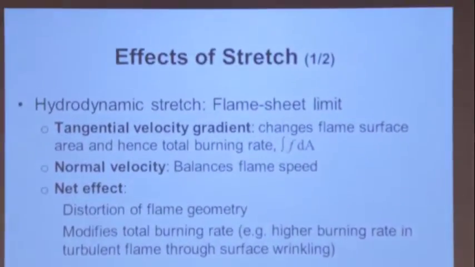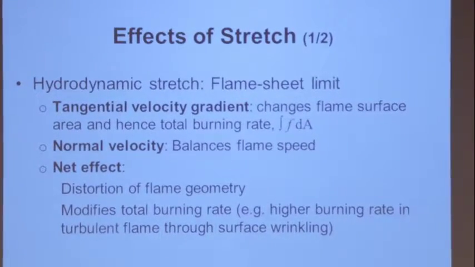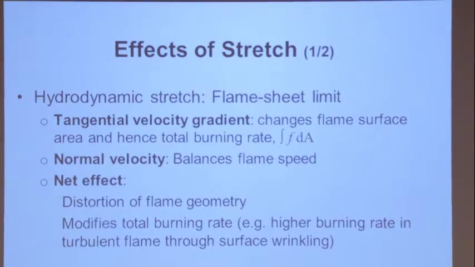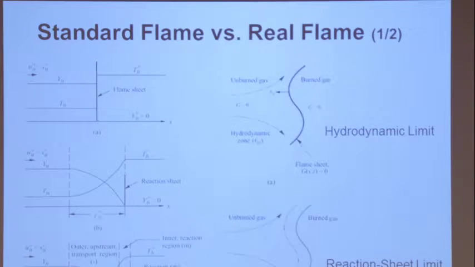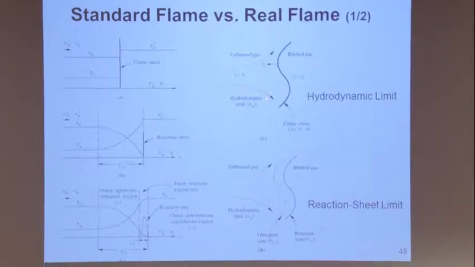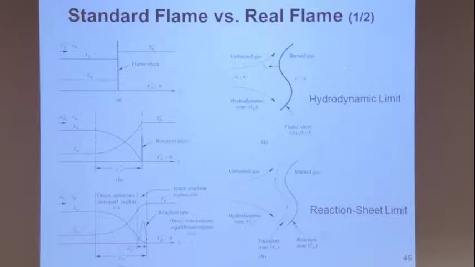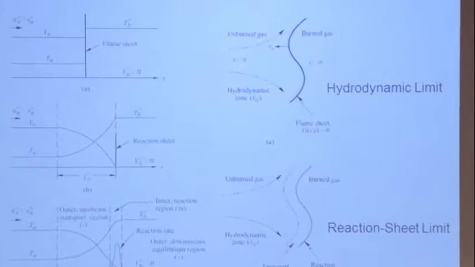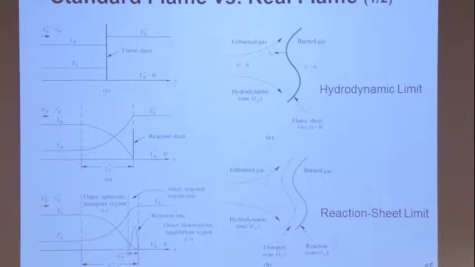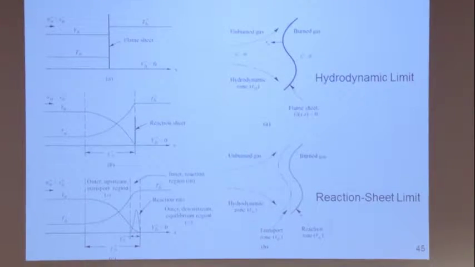Effect of stretch. The effect of stretch is that the hydrodynamic stretch, basically, if you think of it, let's go back, okay? Hydrodynamic stretch, you want to think of 2. The tangential motion of the flow basically increases or decreases my flame surface area, the tangential motion, right?